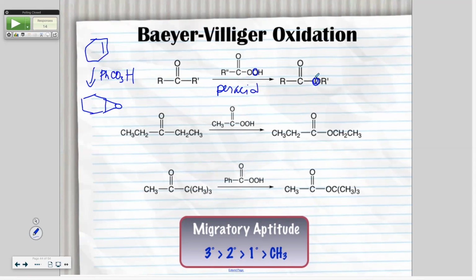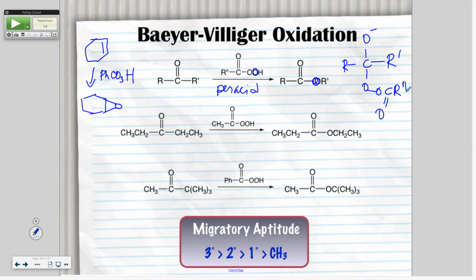Okay, so what has to happen? Well, when this adds to the carbonyl carbon, you're going to get, all right, I'll just put the R's.